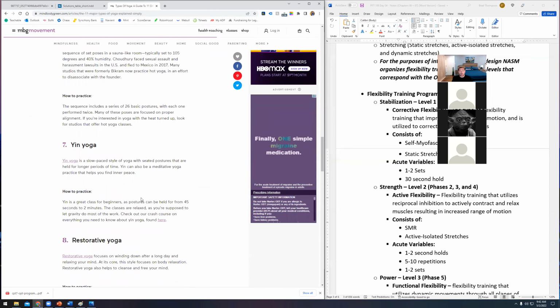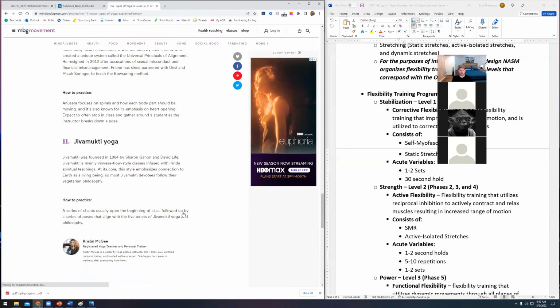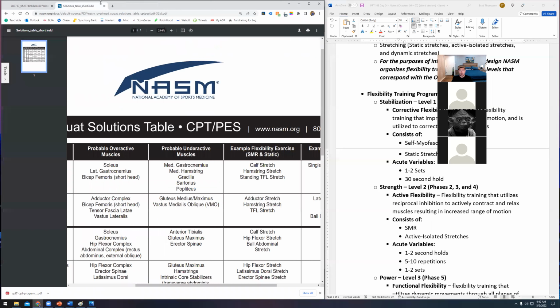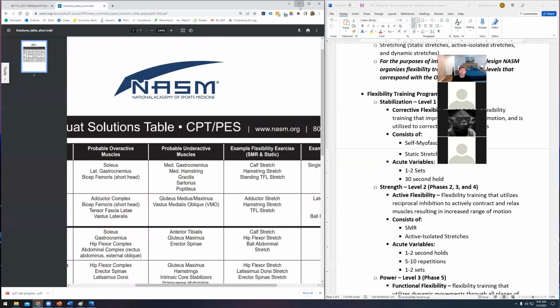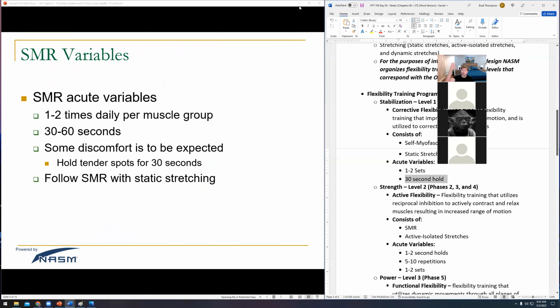So yin yoga is super slow paced compared to other yoga types, and they'll hold poses for 4 minutes sometimes. So imagine stretching your hamstring for 4 straight minutes. It's a good way to get it to let go. It really is. It's a good way to turn that muscle off.